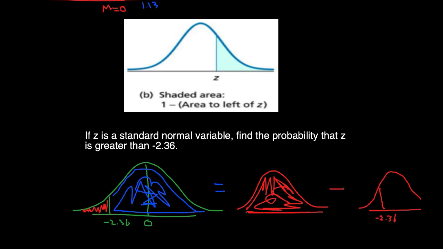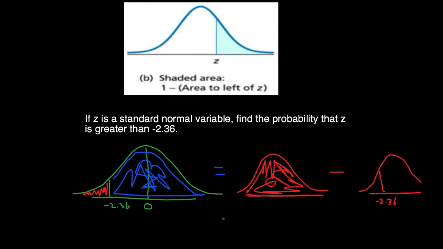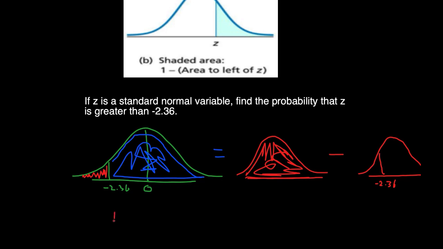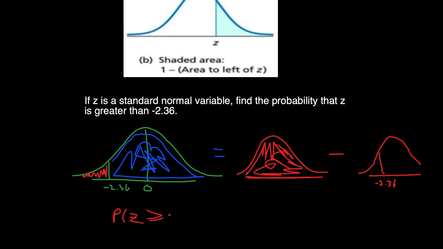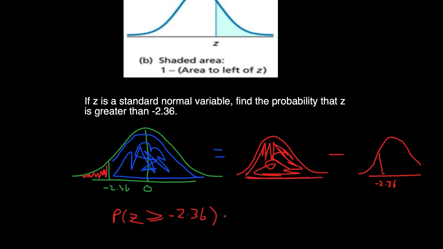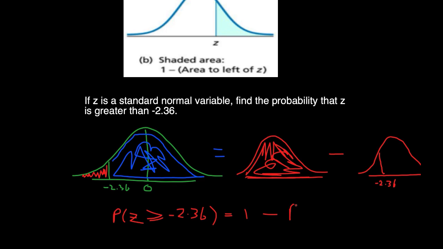Then subtract from this. It means I can write down in notation probability z greater than or equal negative 2.36 equals 1 minus probability z less than or equal negative 2.36.